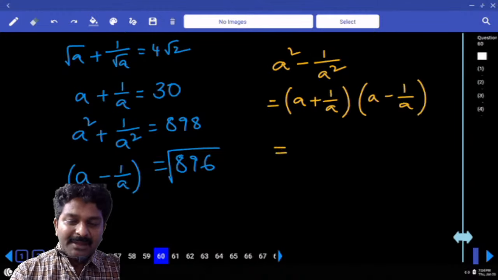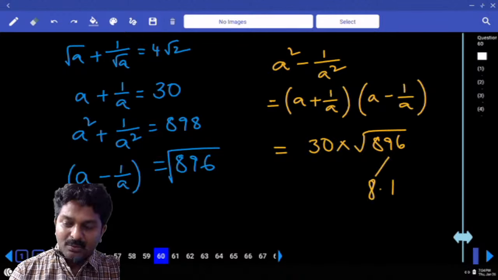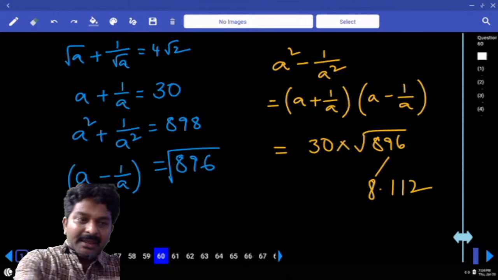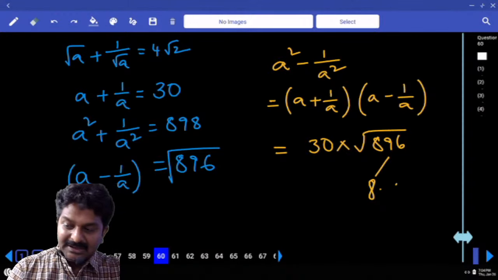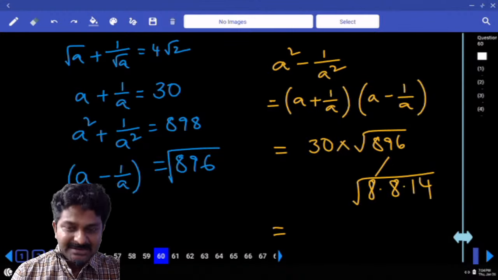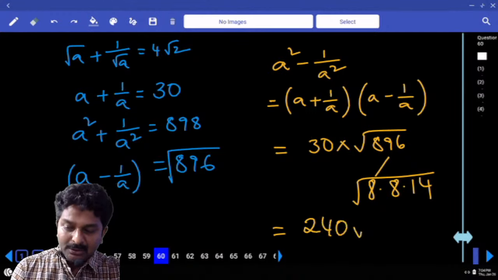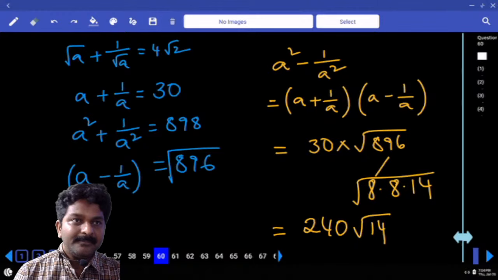A plus 1 by a is already 30, a minus 1 by a is root 896. You can write it as 8 into 112. Again 112 can be written as 8 times 14 under root. When it comes out, you'll have 8 into 30, which is 240, into root 14.